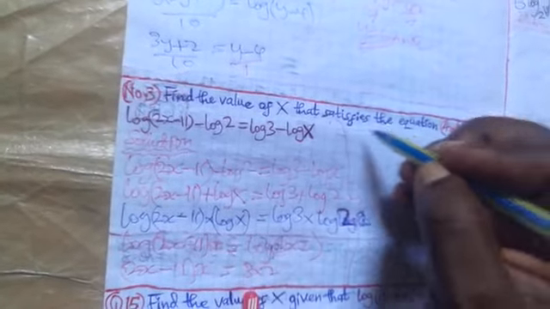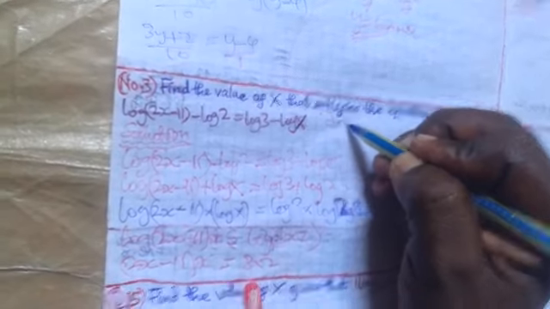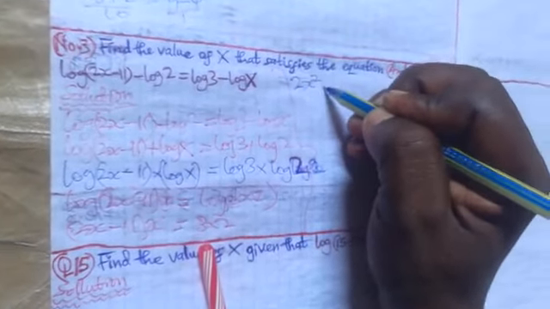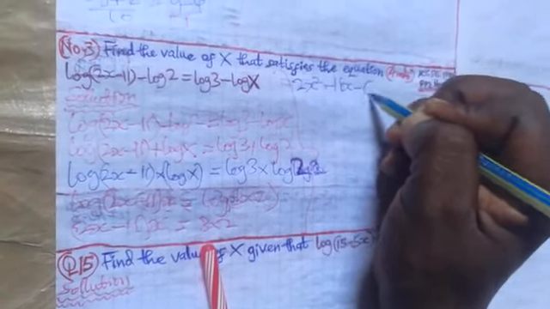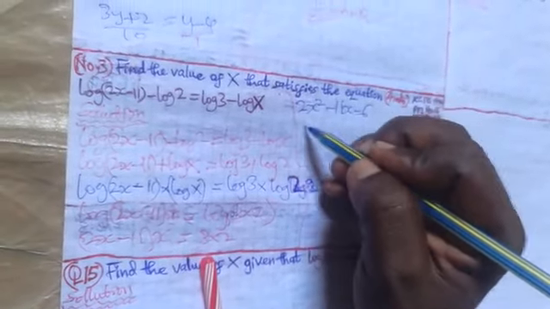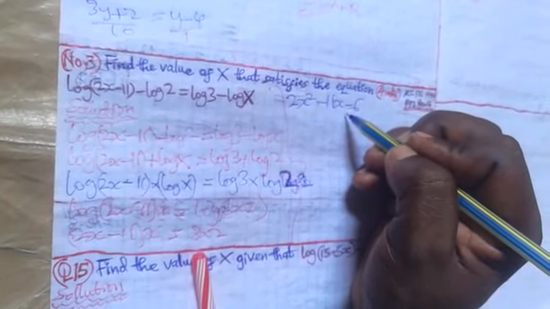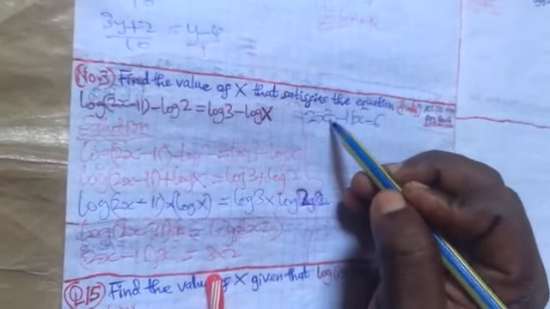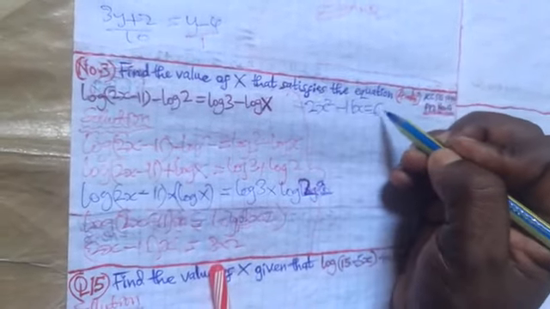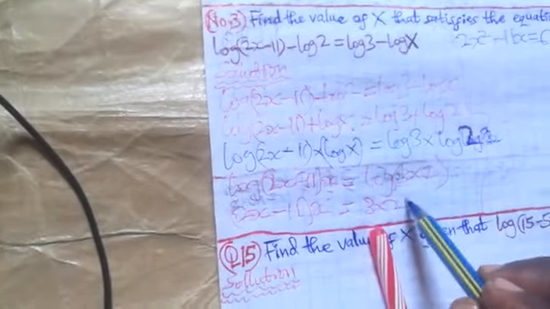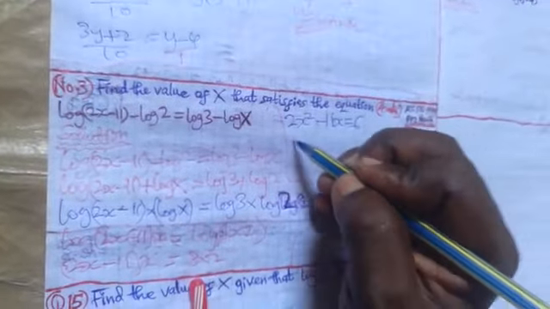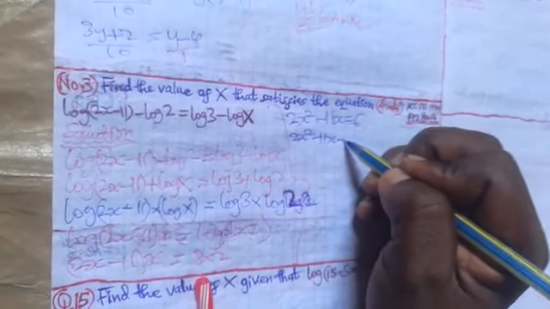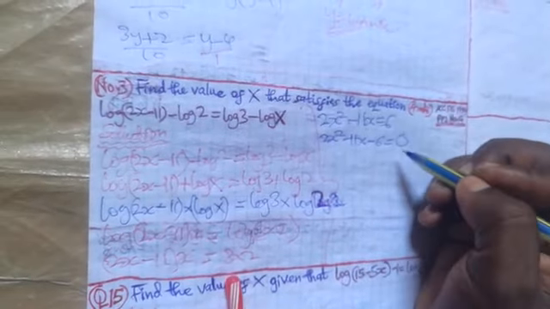by multiplying here we get 2x squared minus 11x minus 6. Sorry, it's 2x squared minus 11x is equal to 6 from the equation here. Then this will give us 2x squared minus 11x minus 6 is equal to 0.